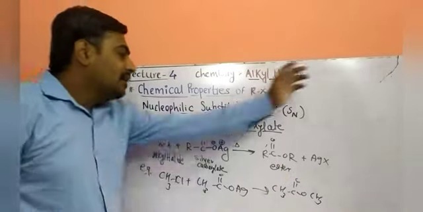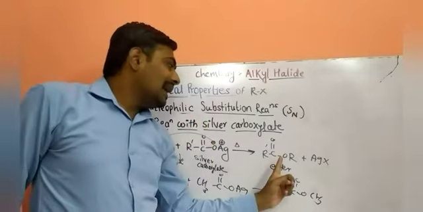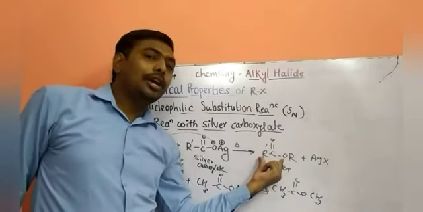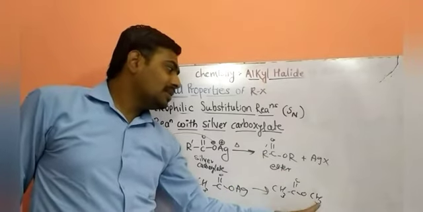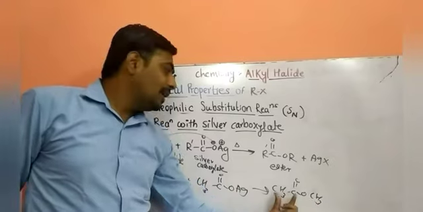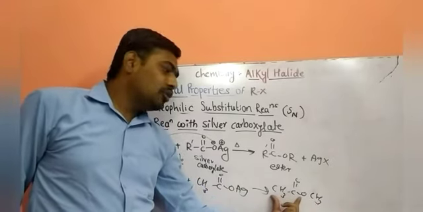See, the nomenclature of an ester is alkyl alkanoate. This is the alkyl part and the remaining part is the alkanoate part. How many carbons on this side? One carbon, so one carbon is methyl. And how many carbon atoms on this side?